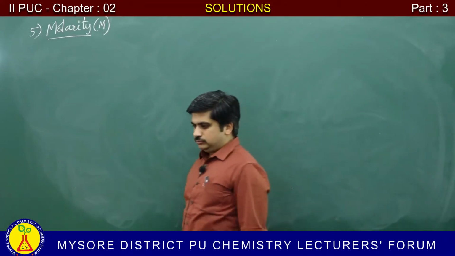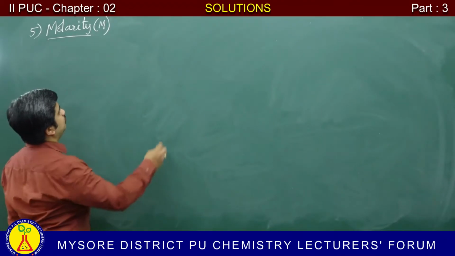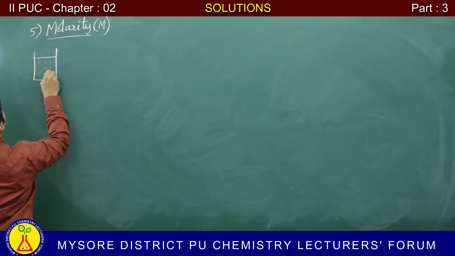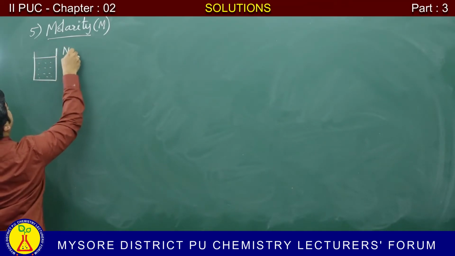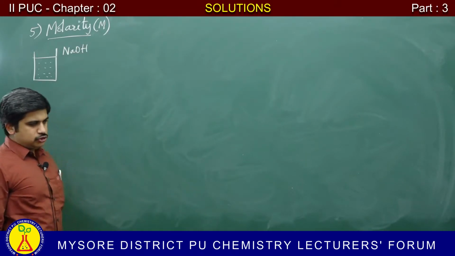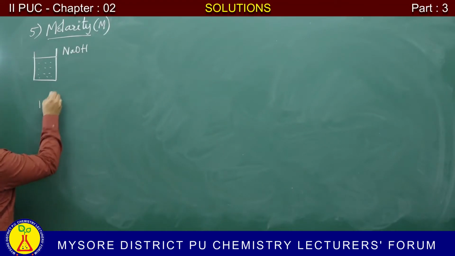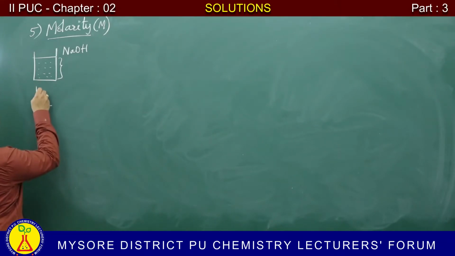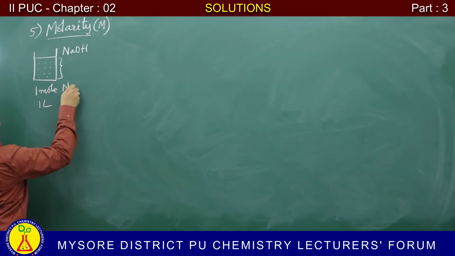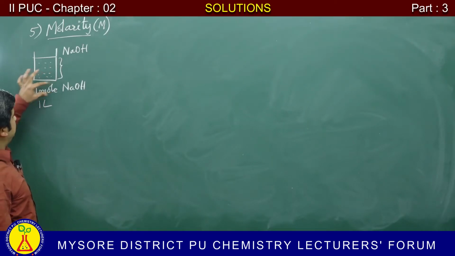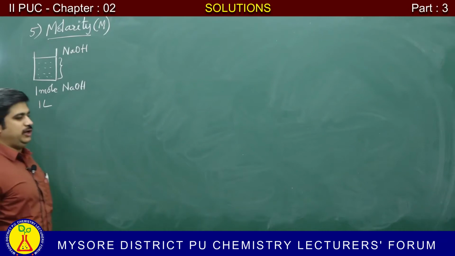Okay. Now, let us consider another solution. Say for example, we have a solution of, let us say, sodium hydroxide in water. In 1 liter of this solution, 1 liter of this solution contains 1 mole of sodium hydroxide.